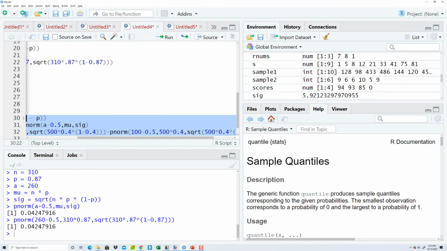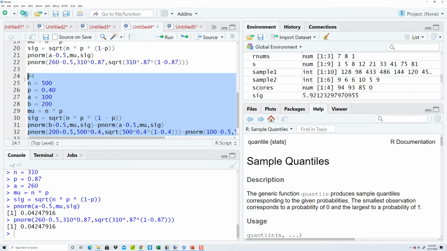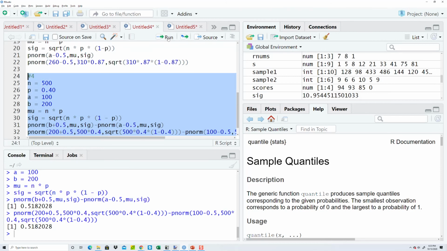Okay, so let's run that. And we get the same value.